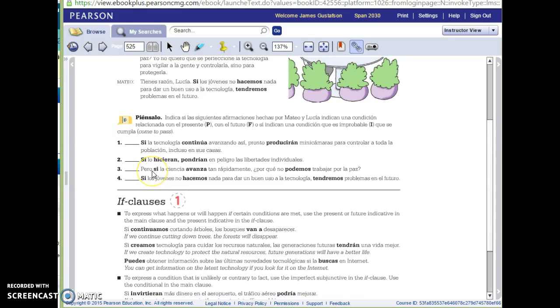Okay. But if science advances so fast, so quickly, why can't we work for peace? If young people don't do anything to give good use, to put technology to good use, we will have problems in the future. So we're hypothesizing about the future here, and here, and here, that is 1, 3, and 4.